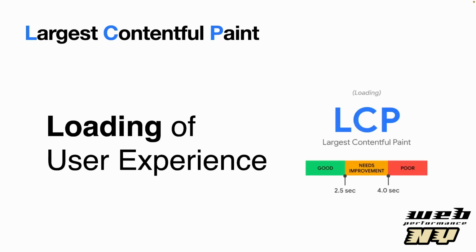So you can think of it that way. And when it got painted on the screen, not just downloaded, not just discovered, but actually painted on the screen, right? In fact, the latest developments in this metric show you an additional value that represents when it was as close to painted as the browser can get. Not every browser supports it.